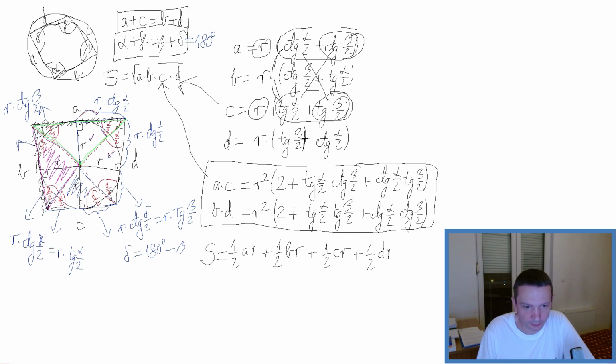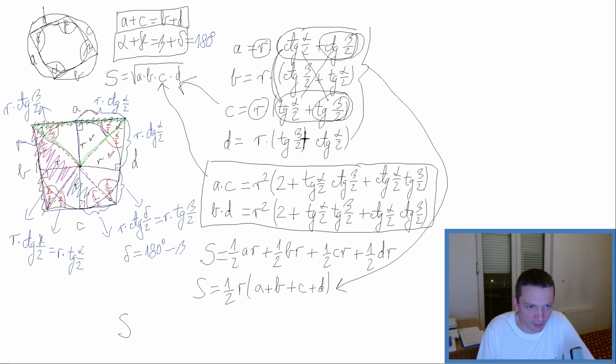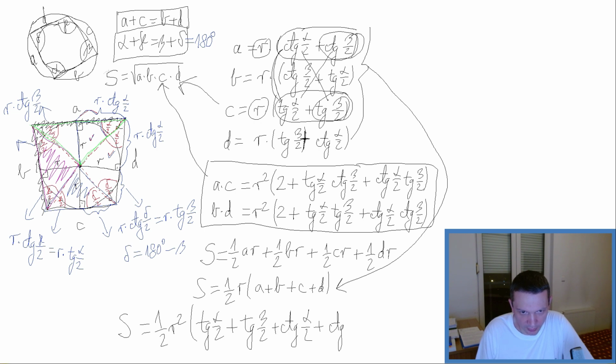And actually S is equal to 1/2 R times A plus B plus C plus D. And if we substitute these equations above in this formula, we will obtain that area S is equal to 1/2 r squared times the sum of tangents and cotangents of alpha half and beta half: tangent alpha half plus tangent beta half plus cotangent alpha half plus cotangent beta half.